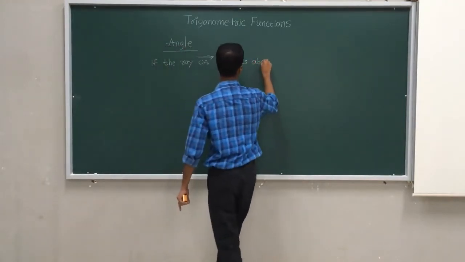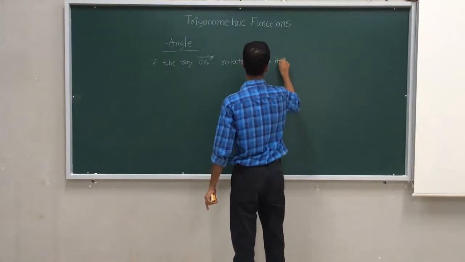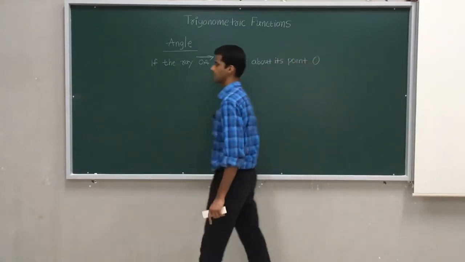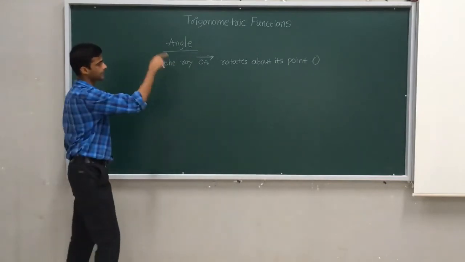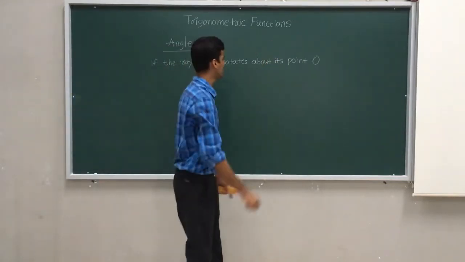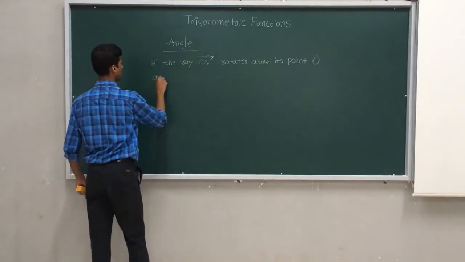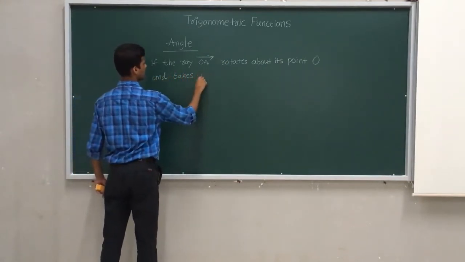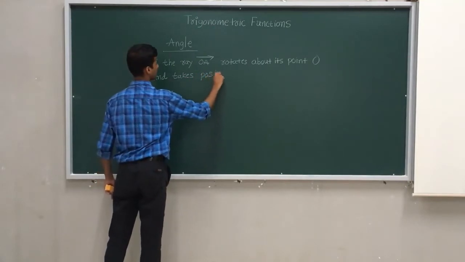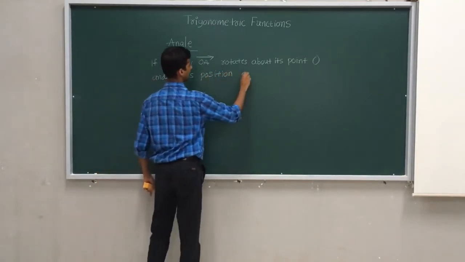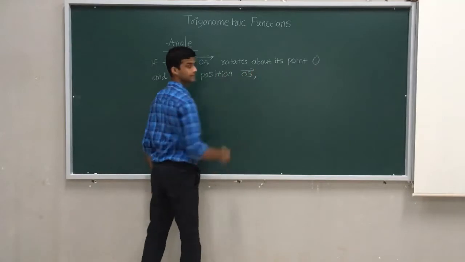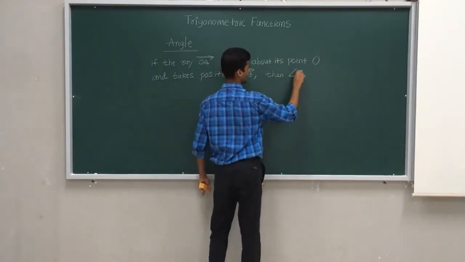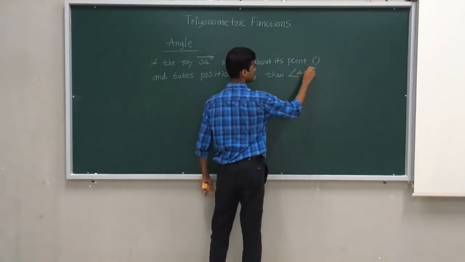If the ray OA rotates about its point O and takes position OB, then angle AOB, this is the notation for angle.